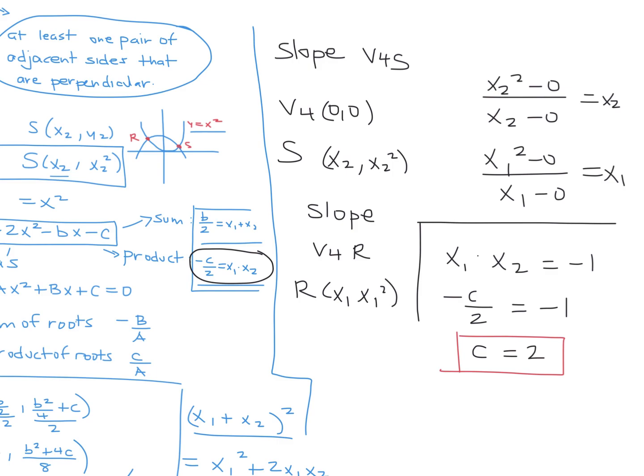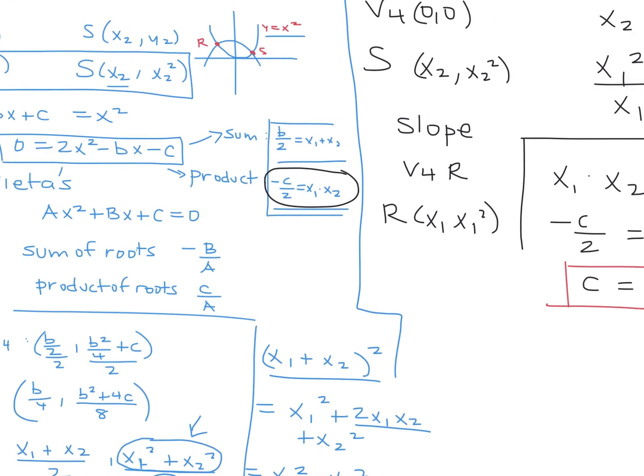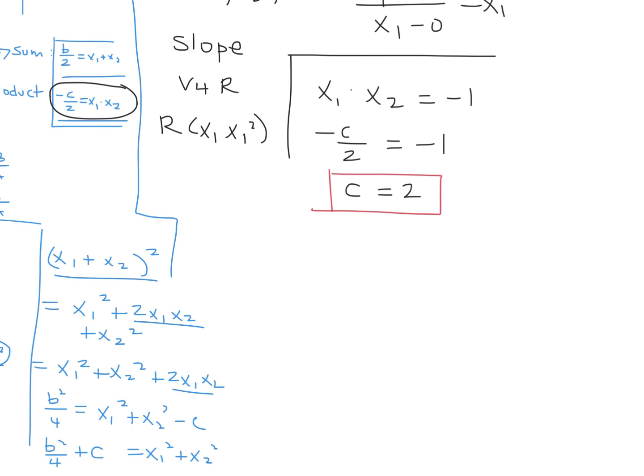And, okay, so how many conditions do I have? I have this condition, c equals 2. And from the previous question, that c is greater than minus b squared over 8, and that c is not equal to 0. So we have to see if there's any other conditions. c equals 2, and then we have to figure out something for b. So if c is greater than minus b squared over 8, and c is 2, that would mean 2 is greater than minus b squared over 8. So that means 16 is greater than minus b squared.